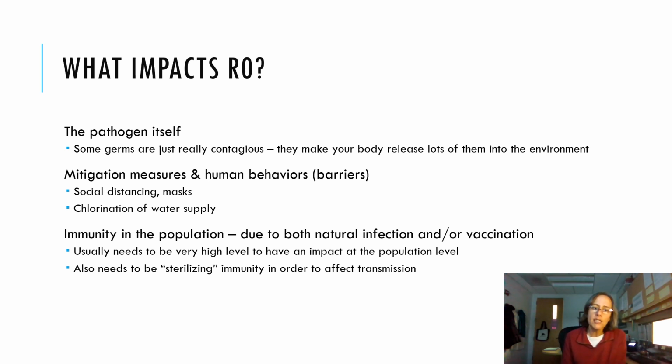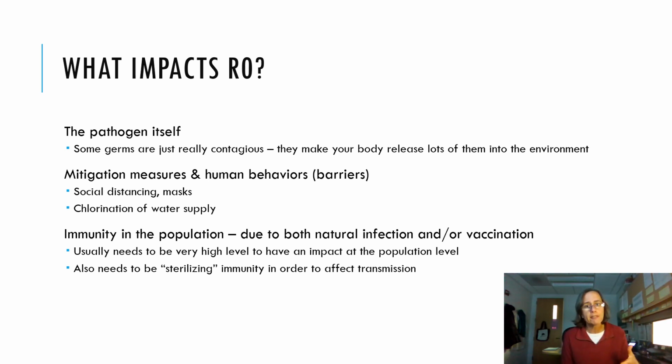But what's interesting is that although your individual vaccination status or immunity status has a high impact on your disease outcome as an individual, in order to have an impact at the population level, you need to have really, really high immunity. You need to have a lot of people immune. It also ideally needs to be what's called sterilizing immunity in order to make it so that people then can't transmit the germ to other people.